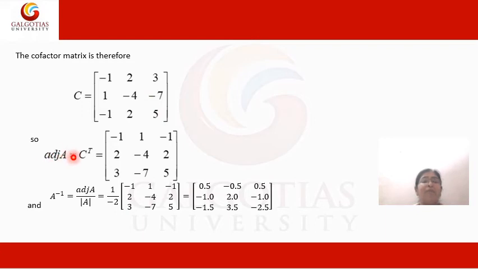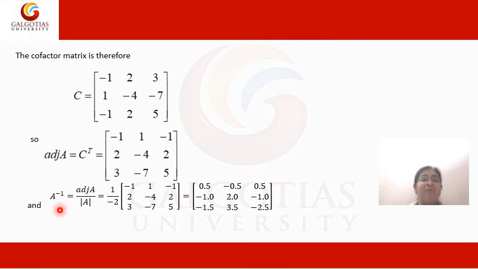So adj A is equal to C transpose, which is [-1, 2, -2], [1, -4, 3] and [-1, 2, 5]... so this is the adjoint of A. The adjoint of A is the transpose of the cofactor matrix.